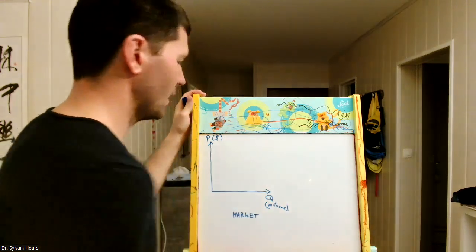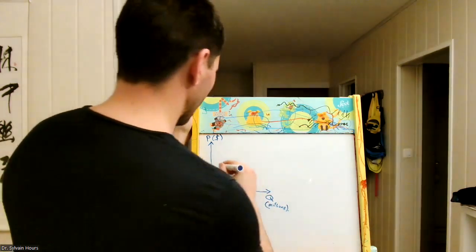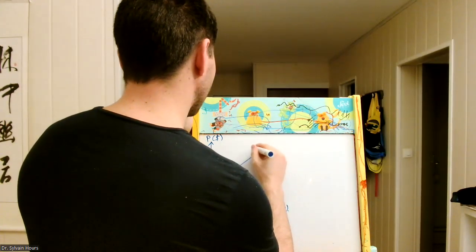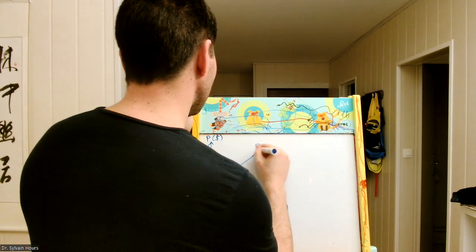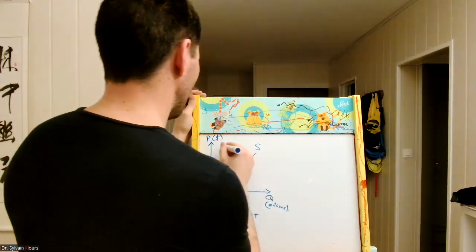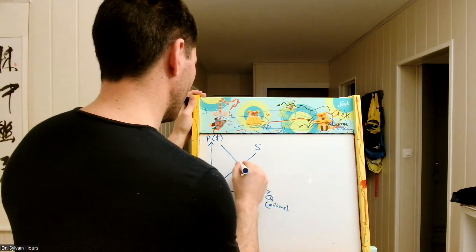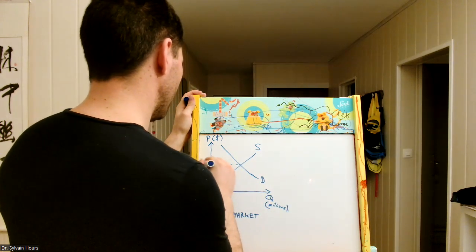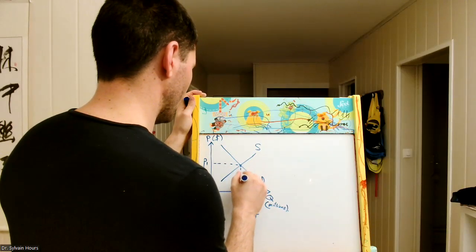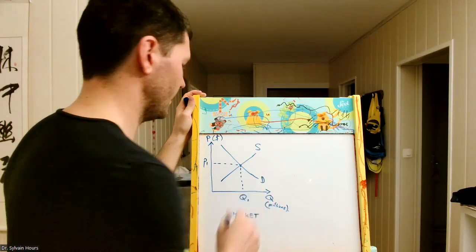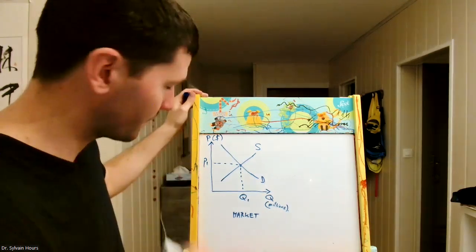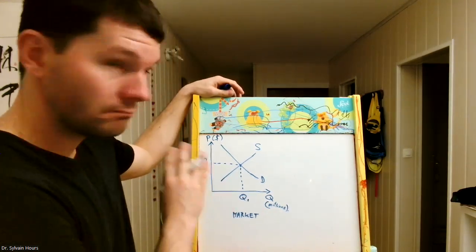Right? Of course, in this market, you have the market supply. And you have the market demand that determine the equilibrium price, P1, and the equilibrium quantity, Q1. That's it.